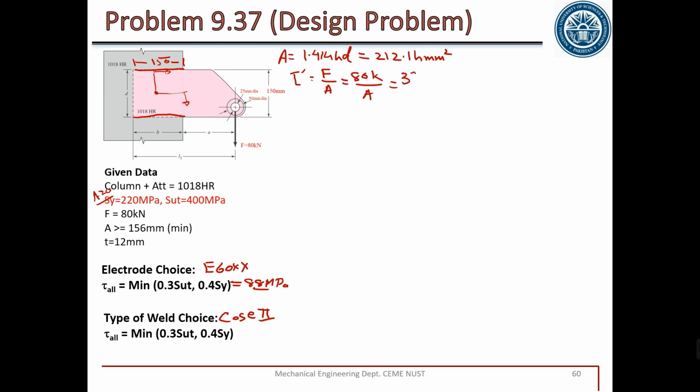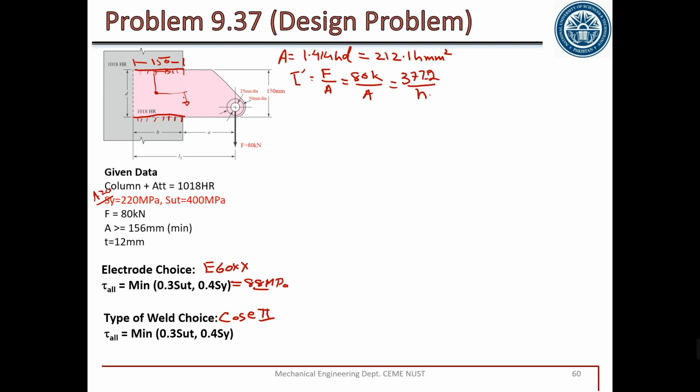Substituting the values, you will get primary shear equal to 377.2 over h. This is the value of primary shear, acting uniformly distributed at all the points.